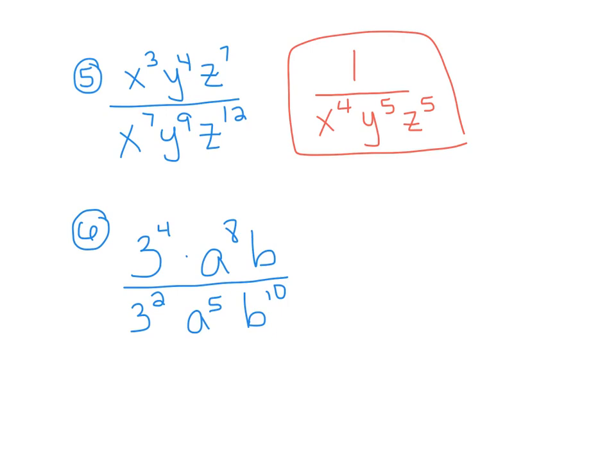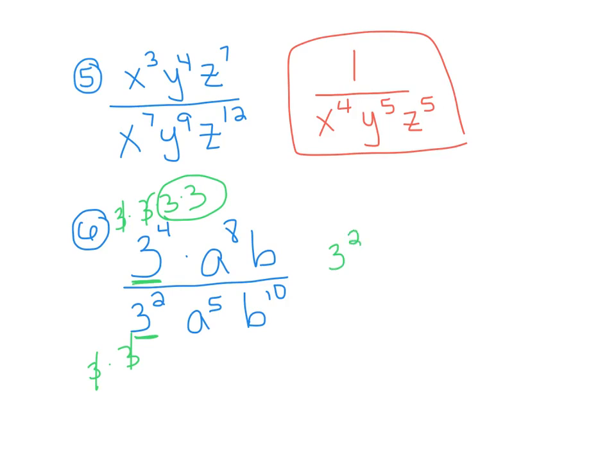Now for this one, since the base number is the same, they're both 3's, you can approach it just like we did with the variables. Here's what you need to imagine in your head: 3, 3, 3, 3, 3, 3. Look at how many you can cancel. Those 3 cancels, those 3 cancels. You are left with 3 squared in the numerator.